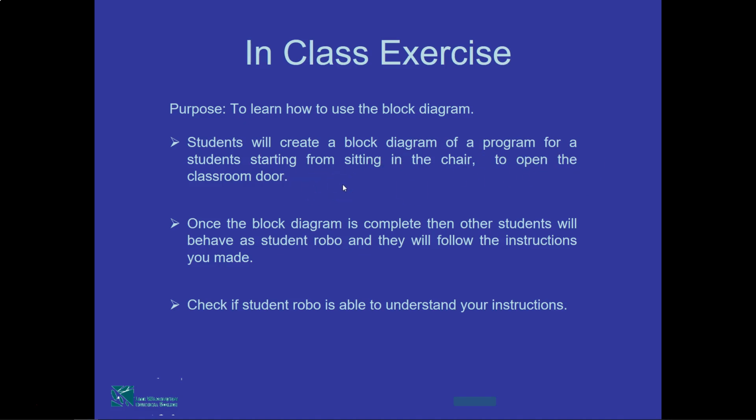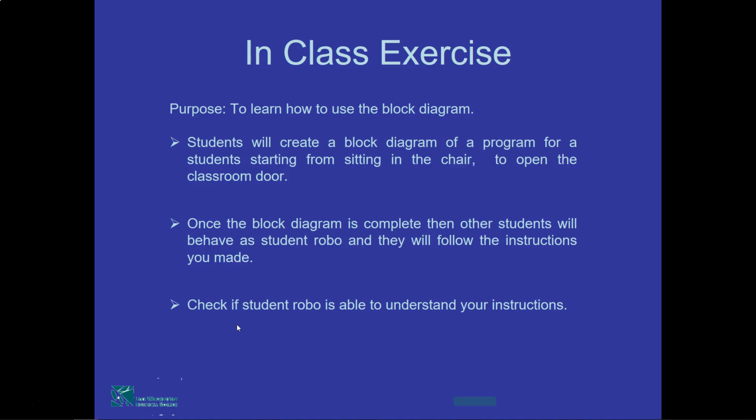So you'll be sitting on a chair somewhere in the classroom, and one of the other students will write the program in flowchart form. The next step, once the block diagram is completed, is that another student will behave as a student robot, and they will follow the instructions you made.